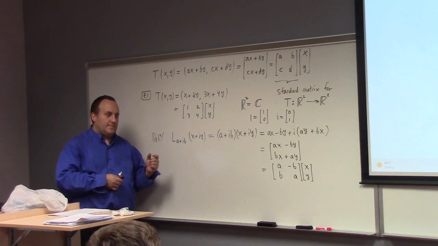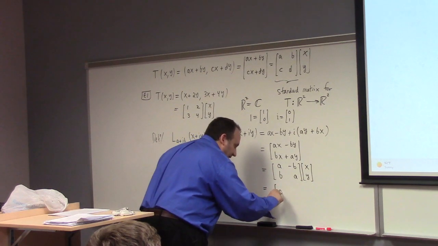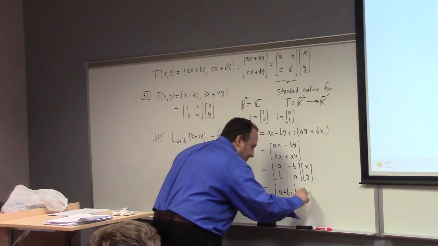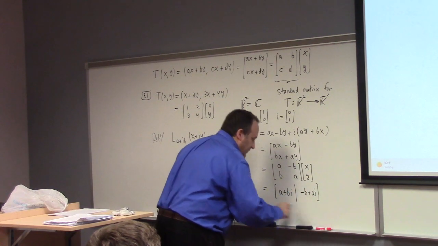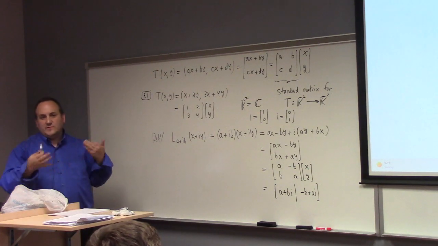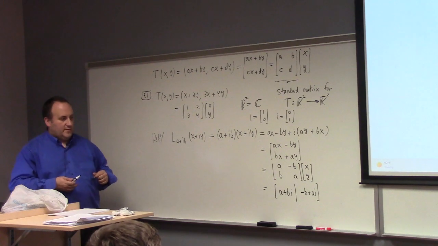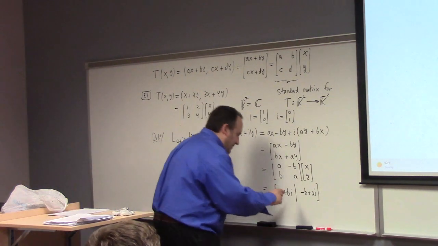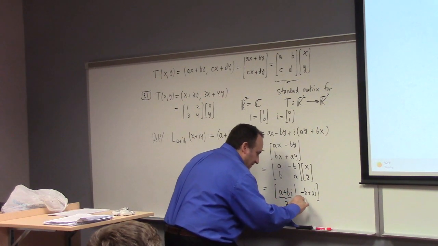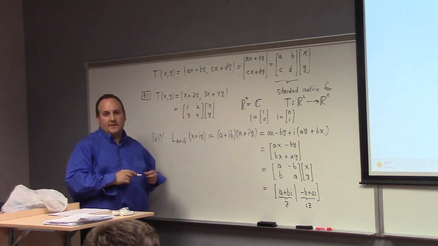In particular, we could rewrite this as a plus bi and then minus b plus ai, using the interplay between complex numbers and two-dimensional column vectors. If you write that, you notice that the pattern here is, if this is z, then this right here is iz.